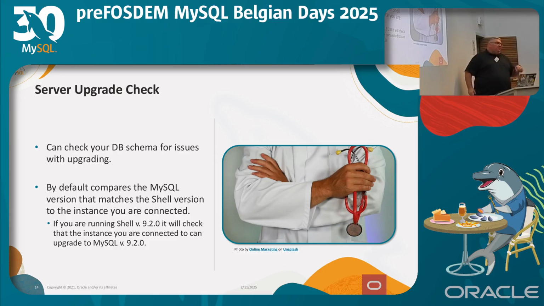By default, it will use the version of shell as the version that we're checking for. So if you're using version 9.2 of shell and you don't specify a target version when you run the upgrade check, it's going to check and see if the database you're checking it against is compatible with 9.2. But you can specify different versions. You don't have to, it's not only based on that, it's just by default.